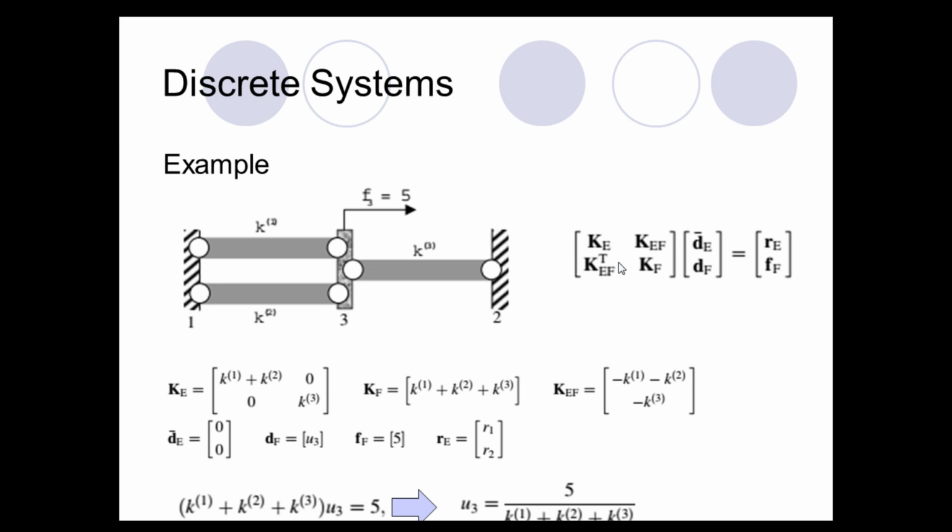Now Kef transpose multiplied by De is automatically 0, because the values here are 0, and taking the transpose of this matrix and multiplying it with this one will give us 0, and from here what we find is K1 plus K2 plus K3 multiplied by U3 is equal to 5. From here we can easily find the value for U3. Okay, so 5 divided by K1 plus K2 plus K3. So whatever the stiffnesses of the members are.